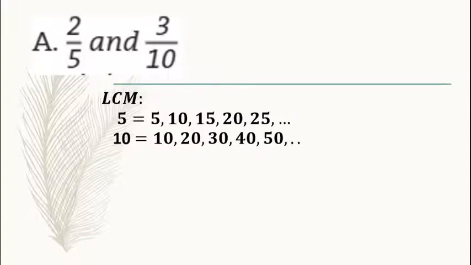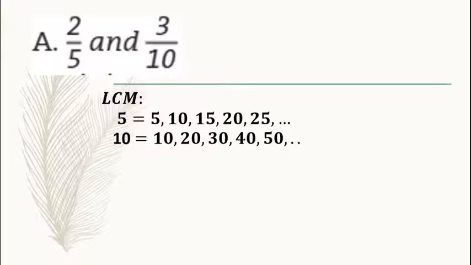The multiples of 10 are 10, 20, 30, 40, 50. Today we are looking for the smallest number that they have as a common multiple. What are the numbers that are the same? Very good. We have 10 and 20.